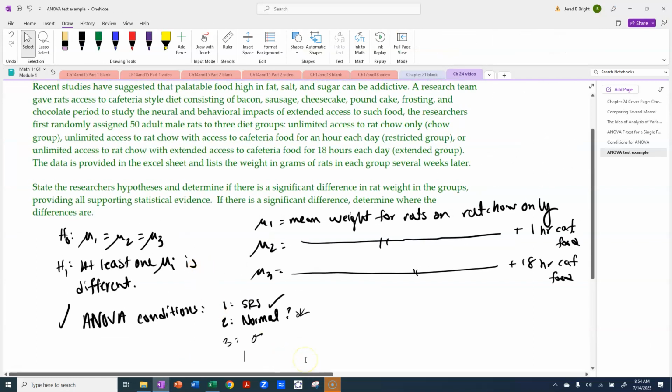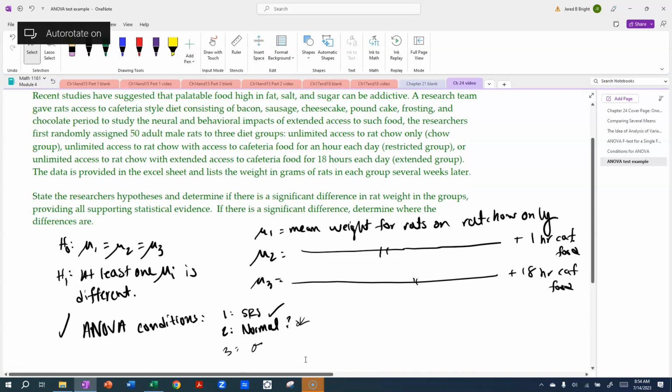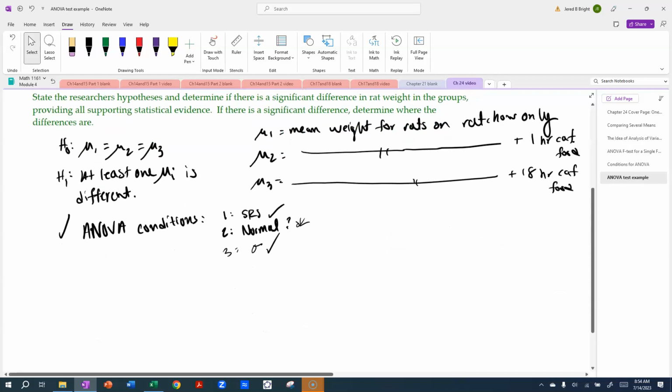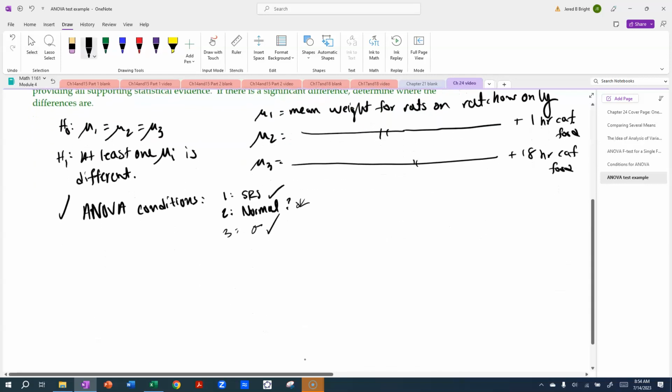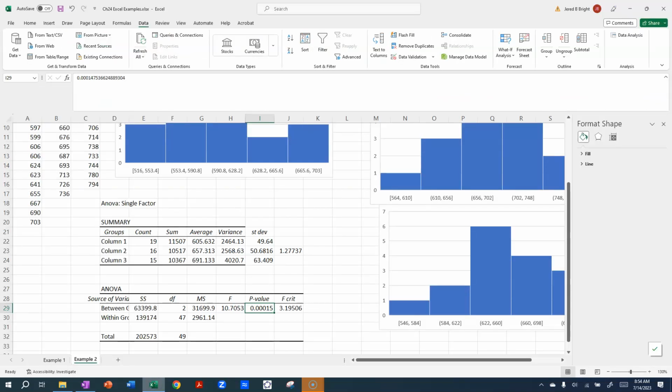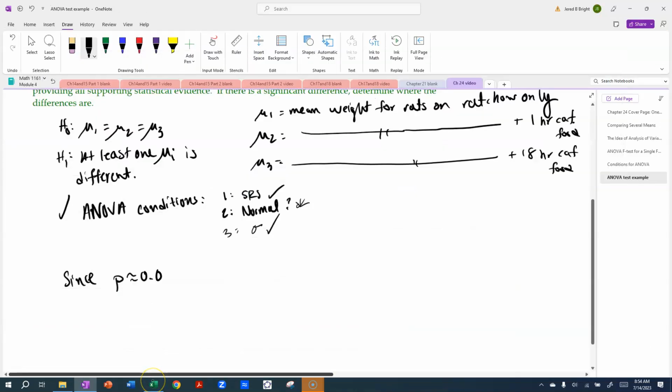So we are going to wrap this up and say, here we are. Since p is approximately 0. Oh gosh, how many zeros? 1, 2, 3, then 5, which is less than any level of significance that we may introduce. We reject the null based on the data.